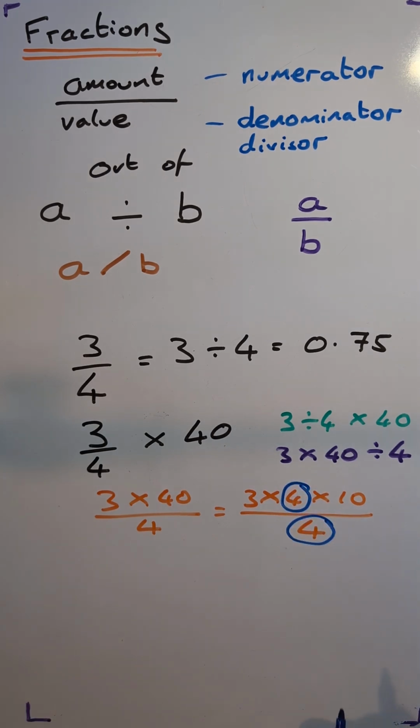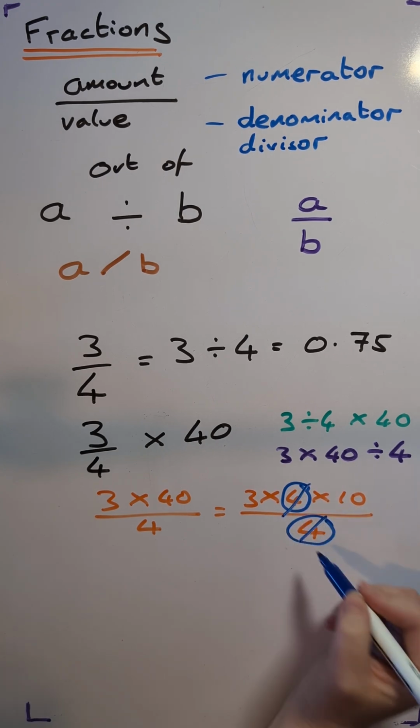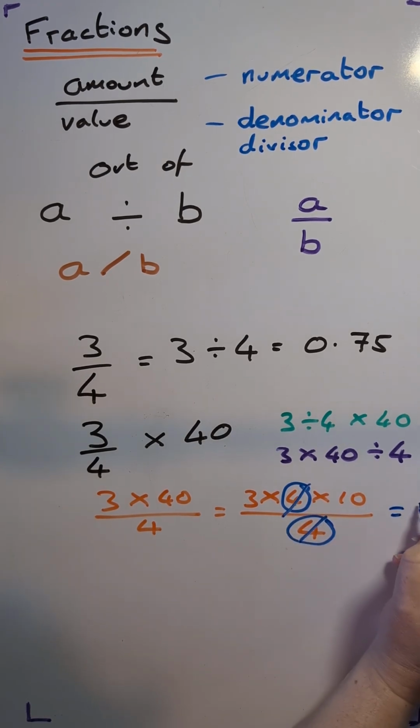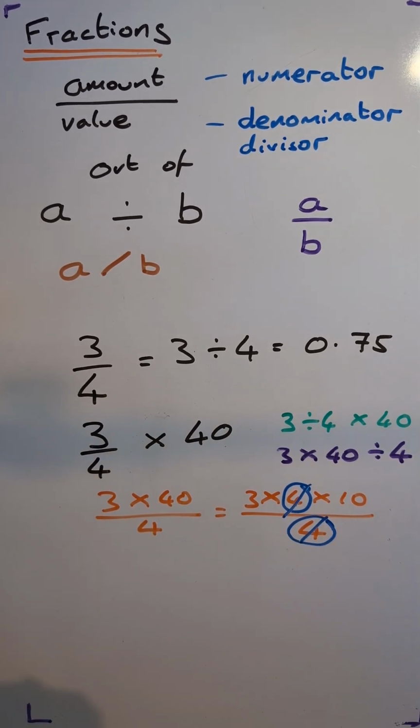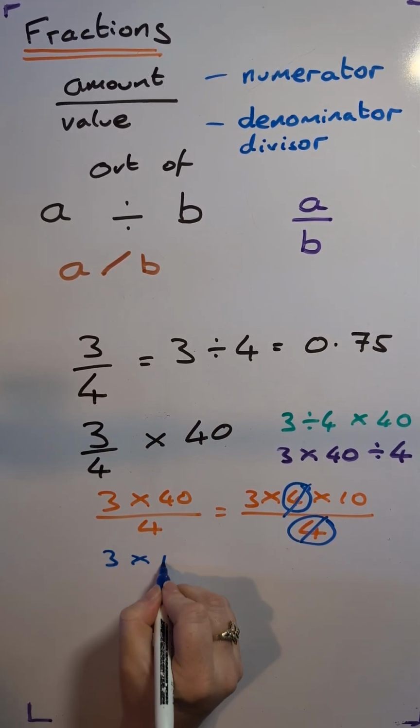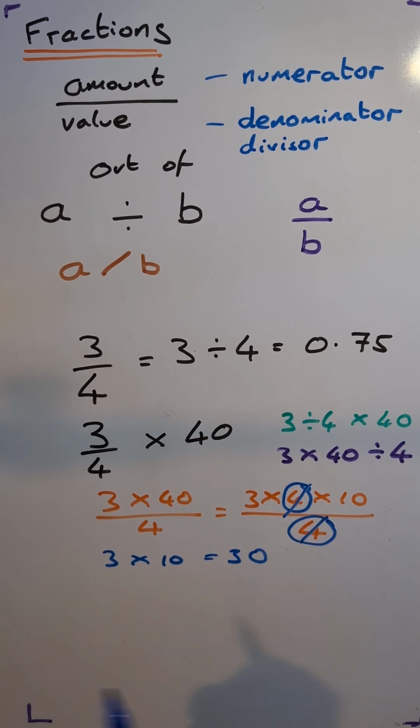And I can cancel them out. And that gives me my answer as 3 times 10, which is 30. I've just realised I wrote that out of the screenshot. So we've got 3 times 10, which is 30.